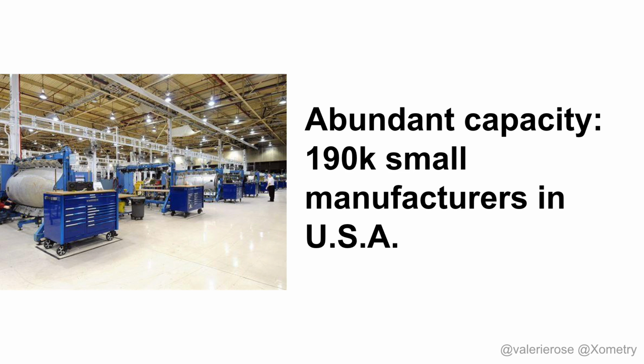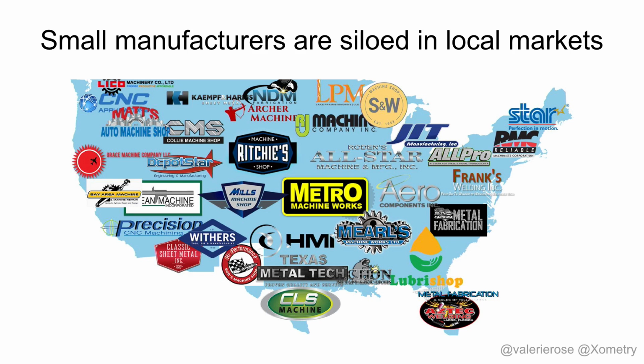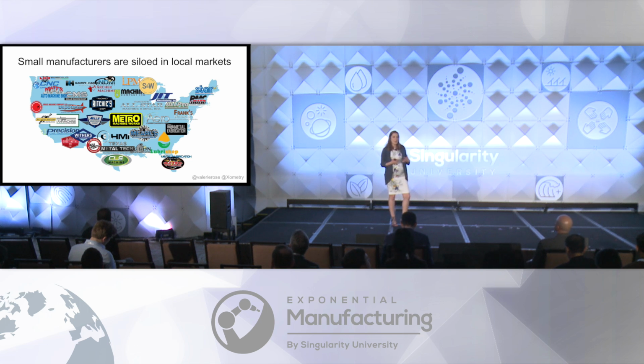And this is all despite abundant capacity. There are 190,000 small manufacturers in the United States, according to the National Association of Manufacturers. And part of the effect for them of this inefficient marketplace is that they're siloed within their local markets. If you Google machine shop, Google pulls up a map.